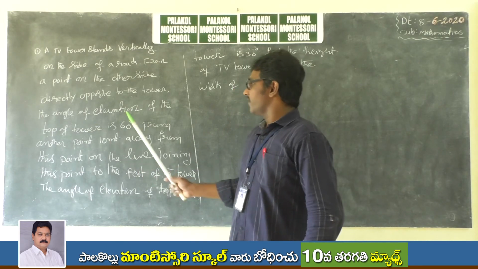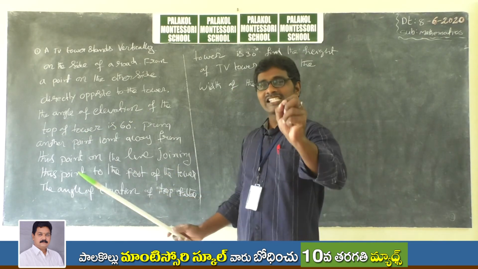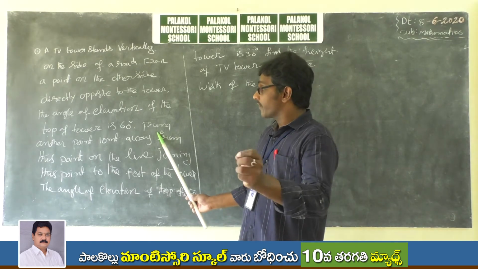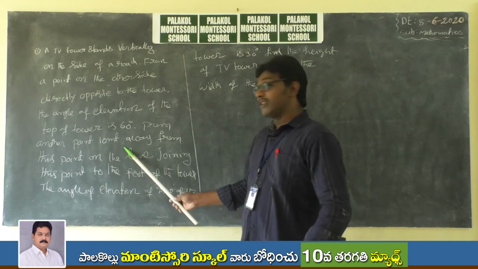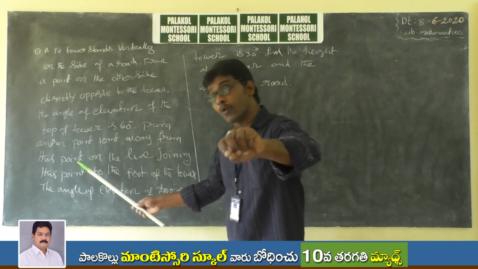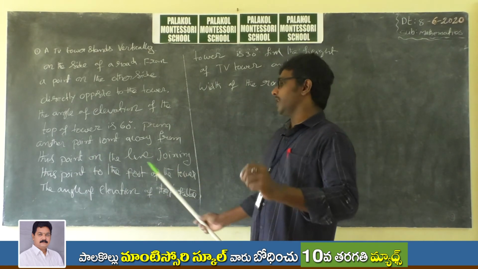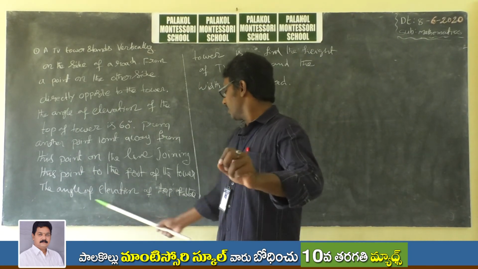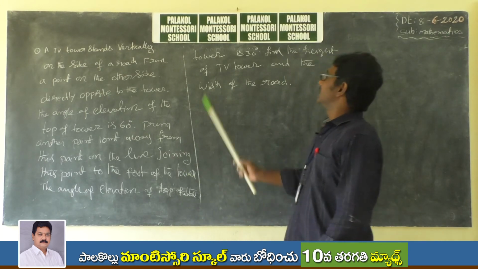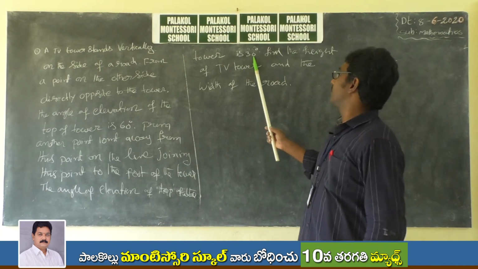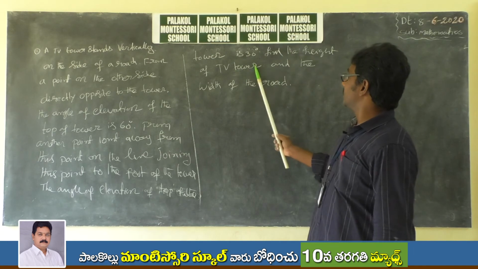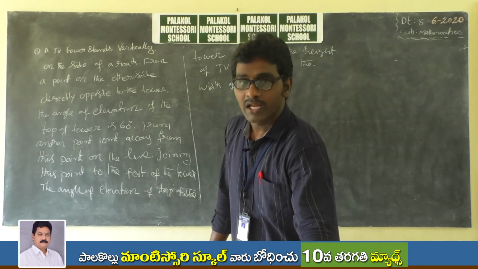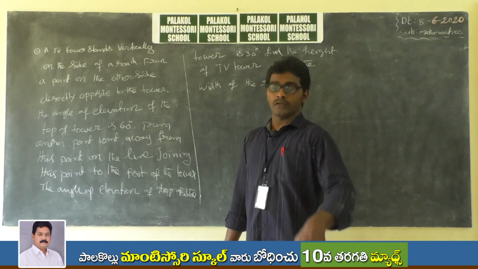The angle of elevation of the top of the tower is 60 degrees in the first case. The second one, from another point 10 meters away from this point on the line joining this point to the foot of the tower, the angle of elevation of the top of the tower is 30 degrees. Find the height of the tower and the width of the road.